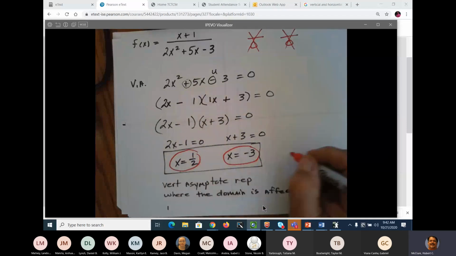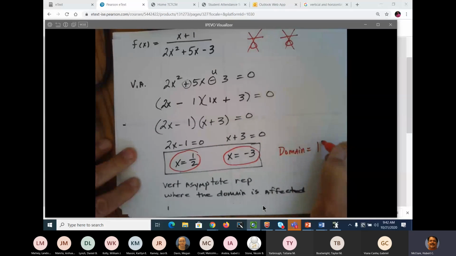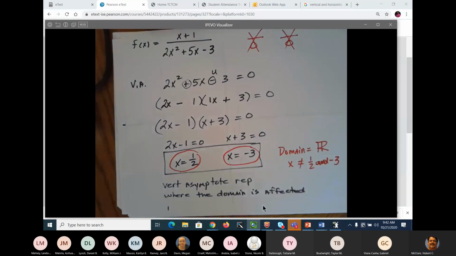So my domain is going to equal all real numbers except x cannot equal 1/2 or -3. So that's what the vertical asymptotes represent. The vertical asymptote represents where the domain is what? Affected.